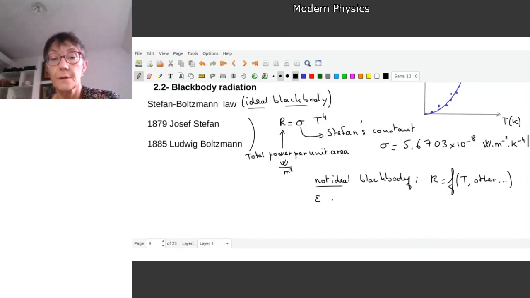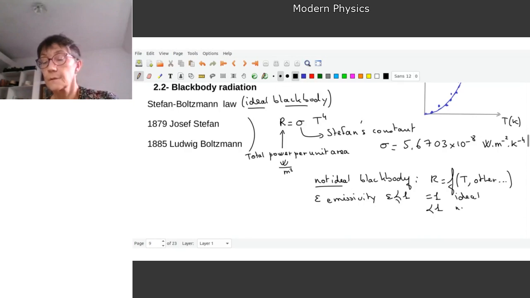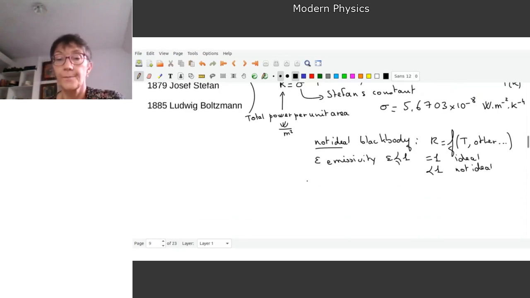We call it emissivity, and it's always less than or equal to 1. Equal to 1, this is the ideal. Less than 1, this is not ideal. And so you will have R equals epsilon sigma T to the 4, I guess.